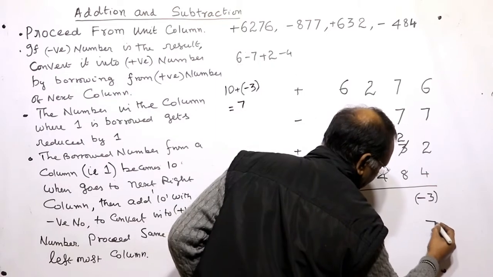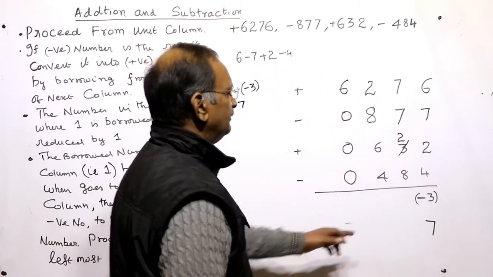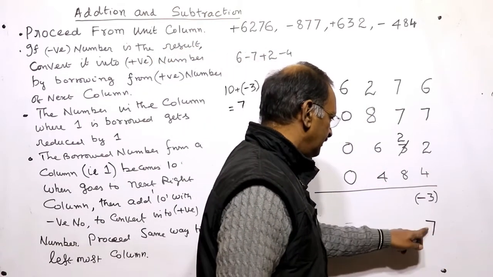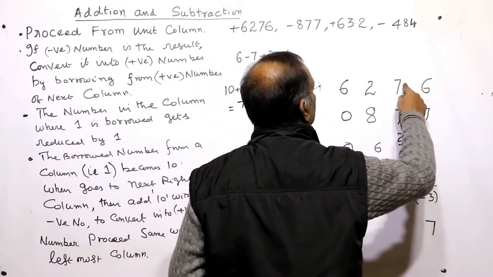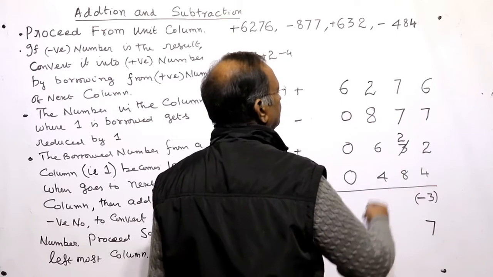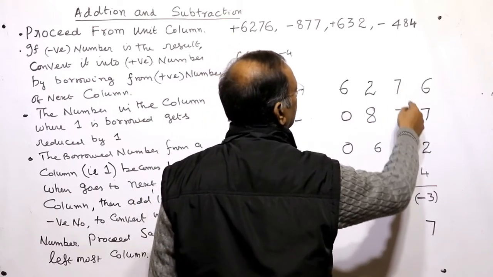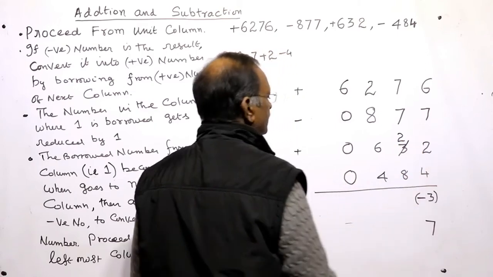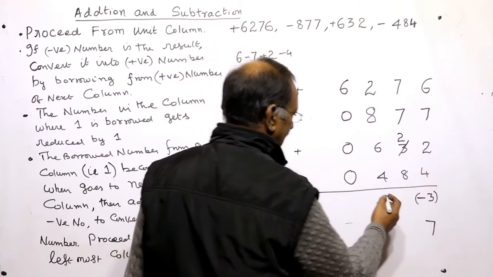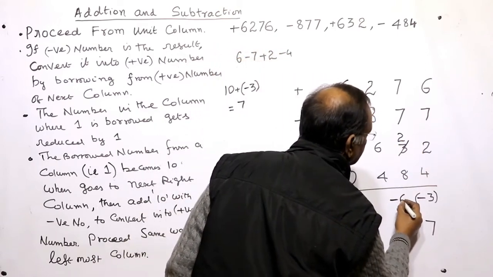And this is the result, 7. After making it 7, this number has been made positive. Now we will continue with the same. 7 subtracted with 7, added with 2. 7 minus 7 is 0. 0 plus 2 is 2. 2 subtracted with minus 8 is equal to minus 6.